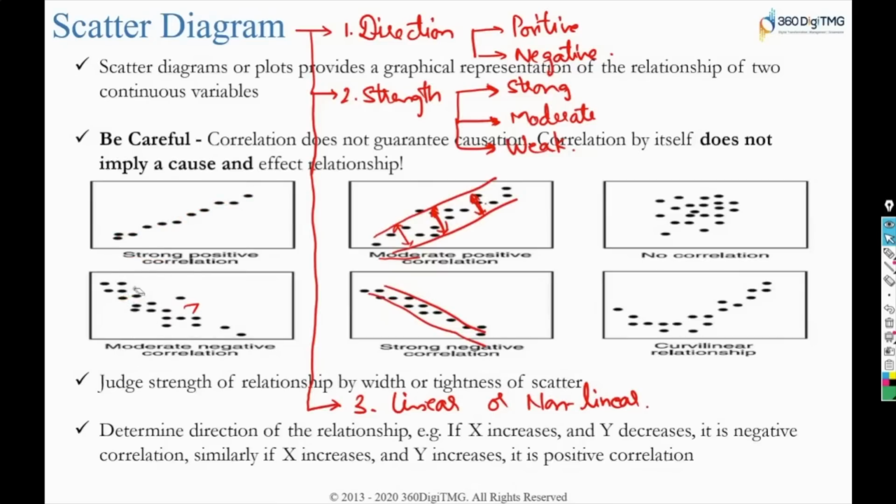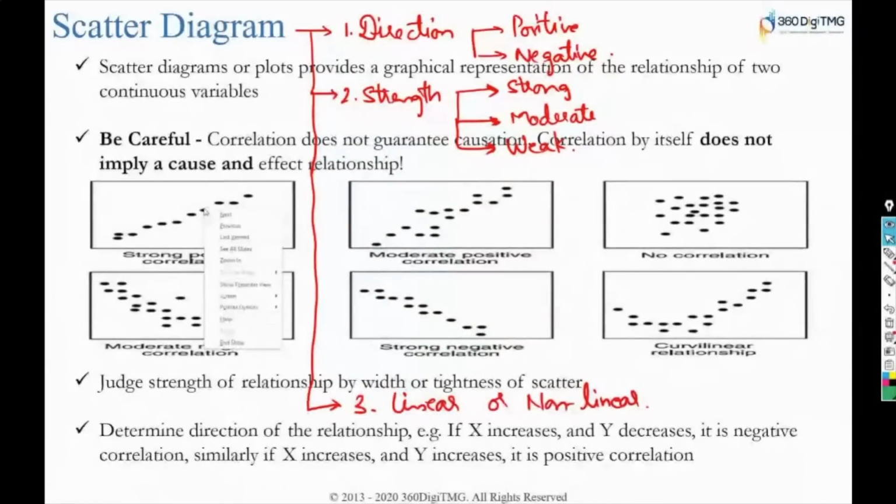Let me quickly erase these. If you observe these points here, you see that the relationship is falling along a straight line. When the relationship falls along a straight line, the relationship is called linear.